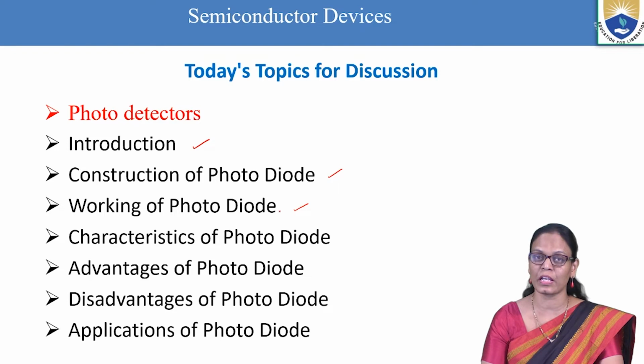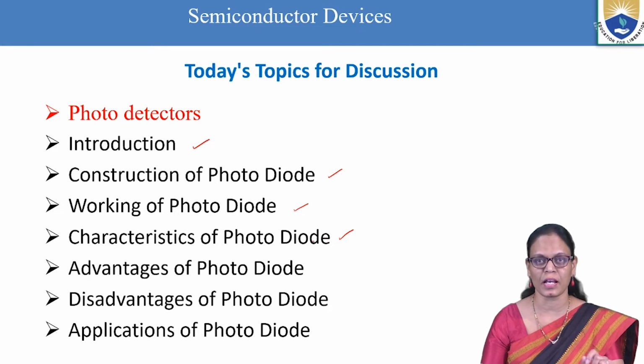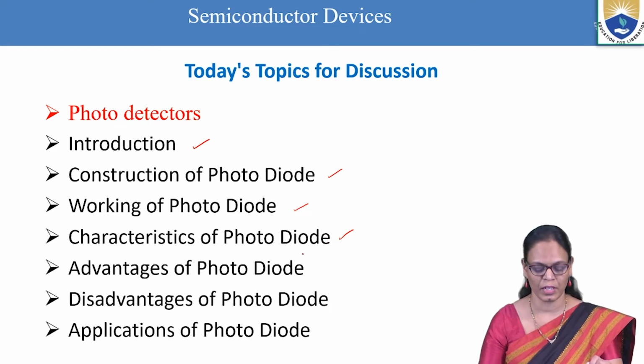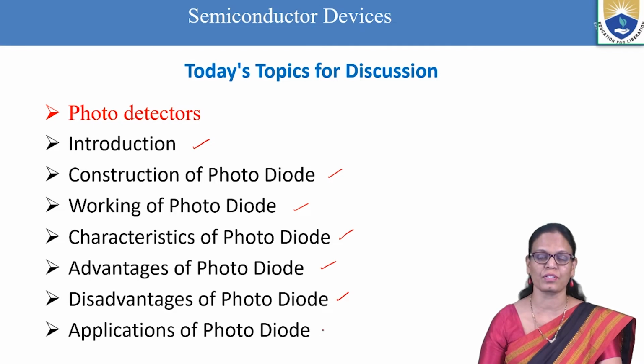We will see the working principle and how a photodiode works. And then we will understand the characteristics of a photodiode by plotting the graph for V versus I, voltage versus current. Then we'll discuss the advantages as well as disadvantages of photodiode, and finally, we'll see the applications of photodiode.